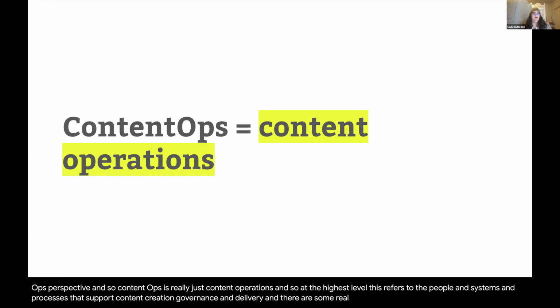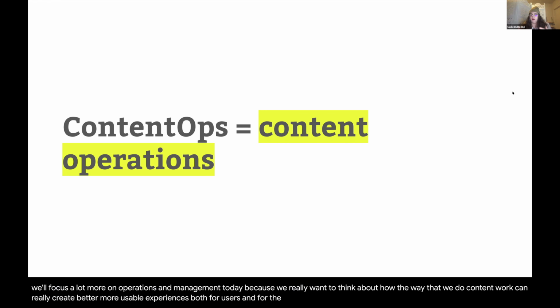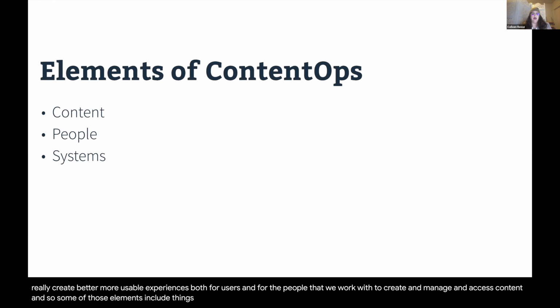There are some really common elements of content ops. We'll focus a lot more on operations and management today, because we really want to think about how the way that we do content work can create better, more usable experiences, both for users and for the people that we work with to create and manage and assess content. Some of those elements include content, so we'll look at the structures and how we organize content.